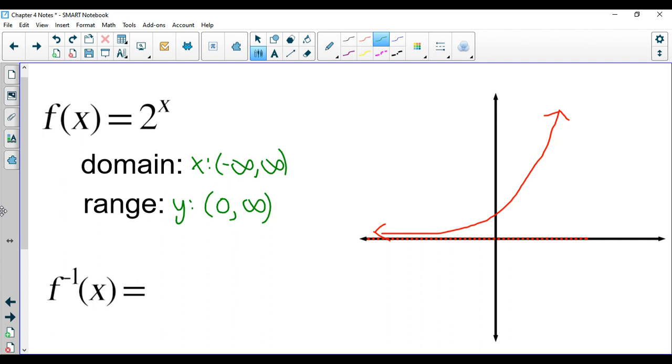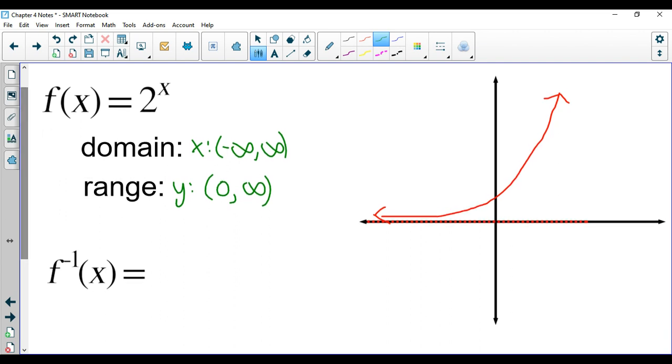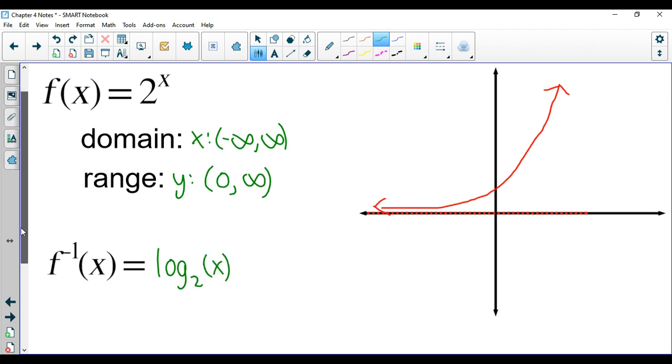Then, remember, the inverse of an exponential is a log. So f inverse of x is a log, and it would be the log with a base of 2. That's the whole reason we're learning about logs, because they are inverses of the exponential. So without even being able to graph the log, we should be able to find our domain and range for that.